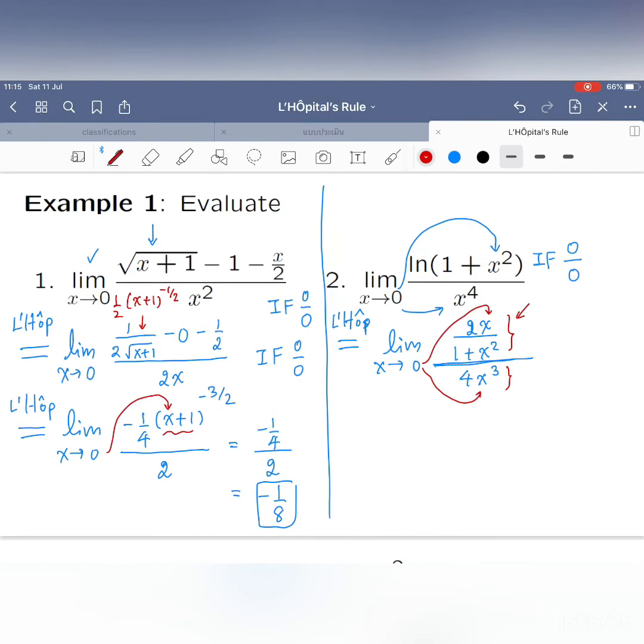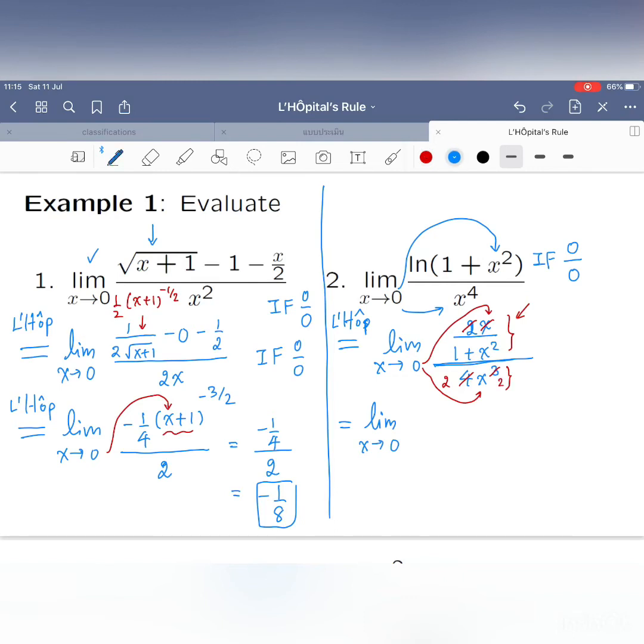However, to me, I'll do it this way instead. We are going to simplify it first. The 2 and the 4 can cancel once. The x and the x cubed can cancel once.